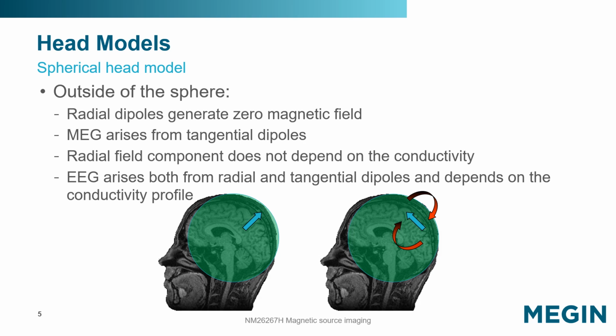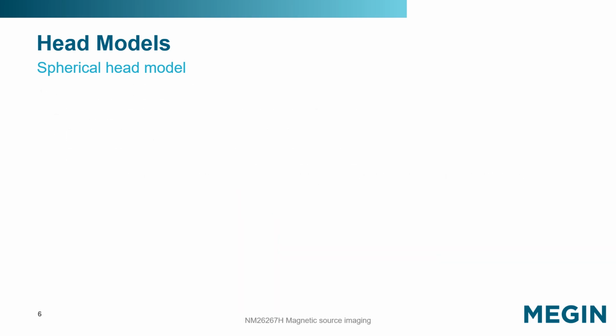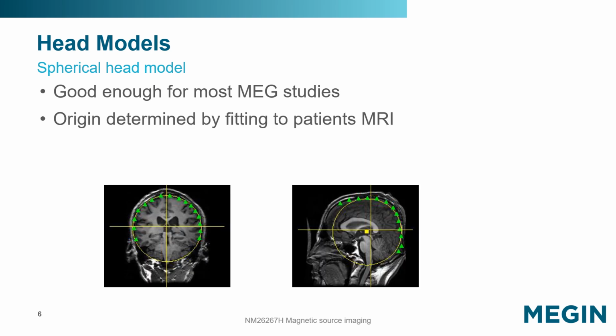The spherical head model is considered to be sufficient for most MEG studies that will employ the use of ECD fitting. The origin of the sphere is usually determined by fitting a sphere to points placed on the inner boundary of the cranium, favoring the regions with the expected activity.